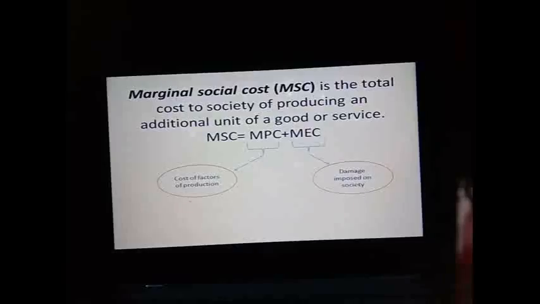In our production and consumption process, sometimes we create some damage and it is imposed on the society, and for that we do not make any compensation. That damage or cost imposed on the society is called marginal external cost.